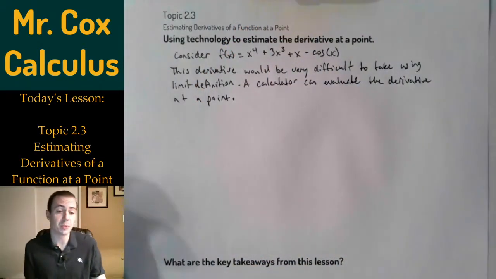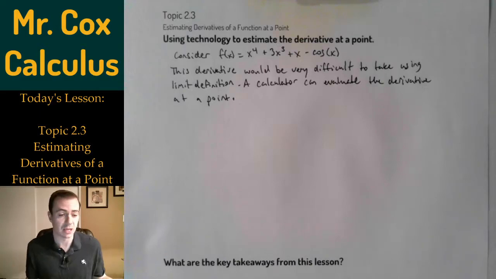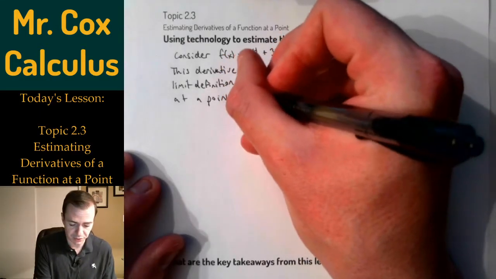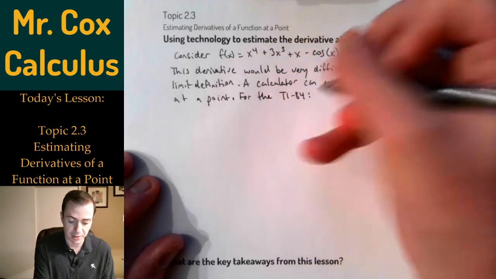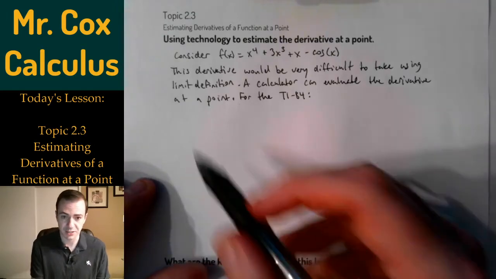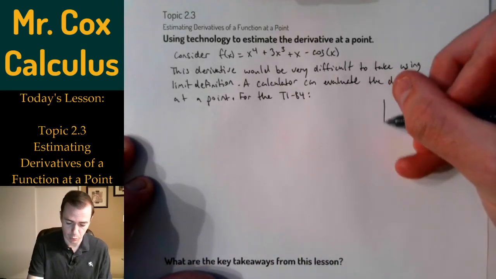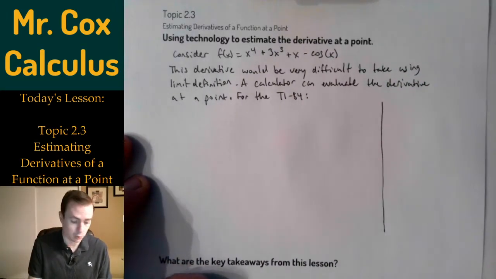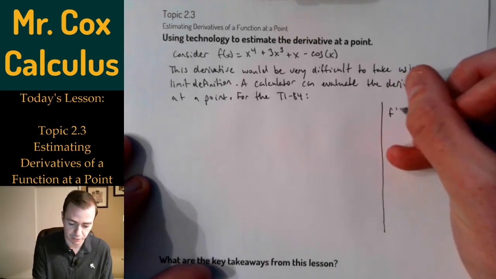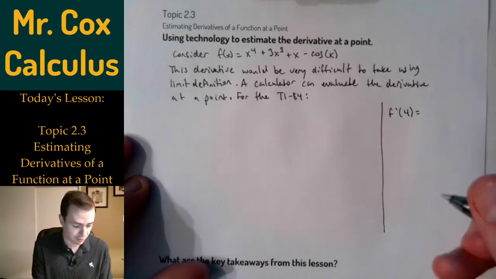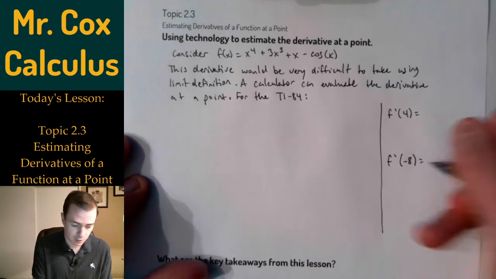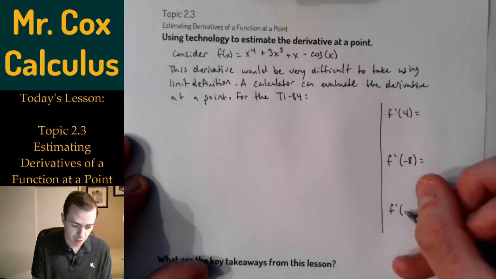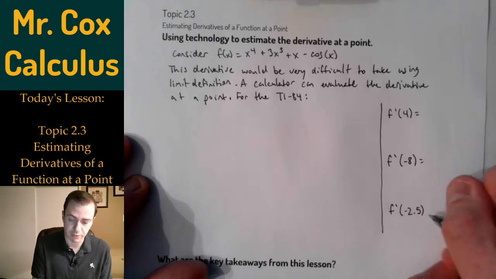The calculator that I'm going to use for this demonstration is the Texas Instruments TI-84. I'm going to give the instructions for it. It's probably the most common calculator that's out there. I'm going to list the instructions over here to the left. But what I want to find is f prime of 4, f prime of negative 8, and f prime of negative 2.5.